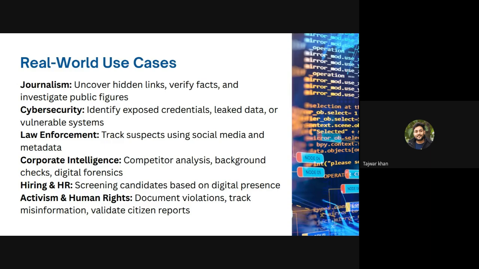If there is a public figure and you want to write about that person, and you want to see all the articles published in the past, you can use open source intelligence to track that person down. And in cybersecurity, we generally try to find exposed credentials and everything.